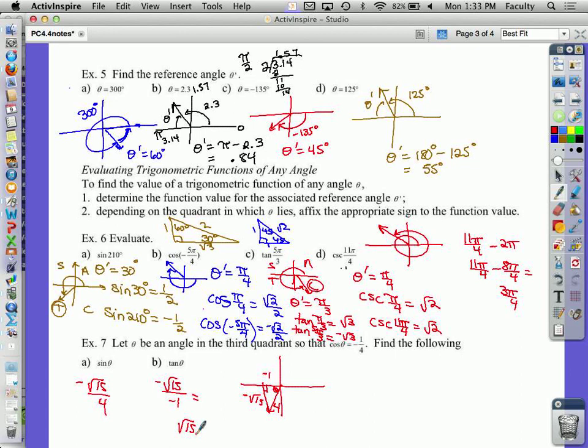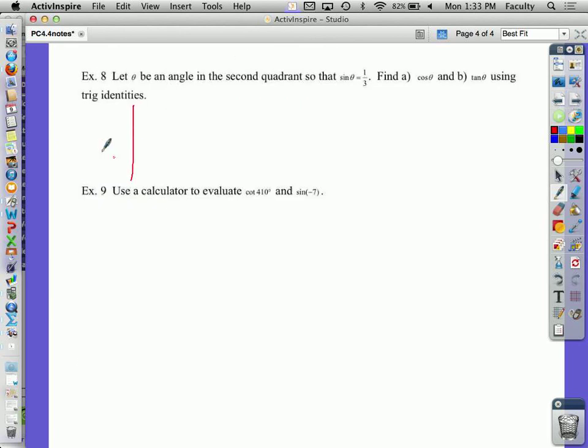Alright, let's use this same strategy in example 8. It says let theta be an angle in the second quadrant so that sine theta is 1/3. Okay, so I'm drawing my angle in the second quadrant, but I'm going to drop the perpendicular over here. Sine is opposite over hypotenuse, and we need to find the missing side.